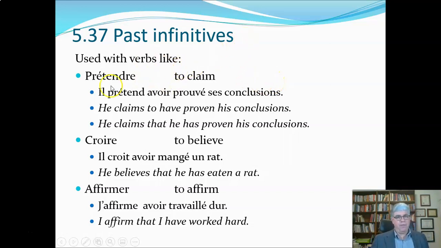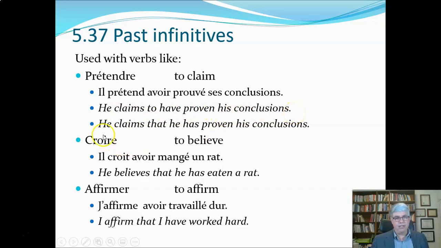They're used with verbs like prétendre, which means to claim. Now, this looks like pretend, but it's generally not translated as pretend. It's generally translated as to claim. Il prétend avoir prouvé ses conclusions. So he claims to have proven his conclusions.